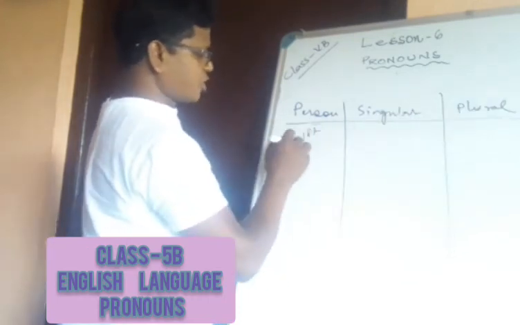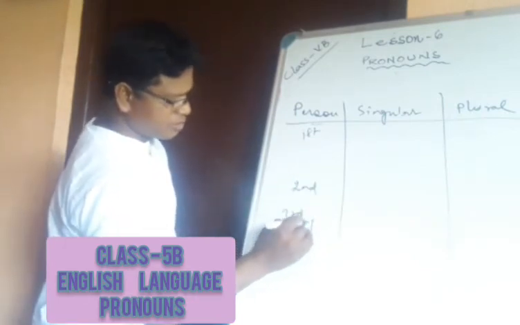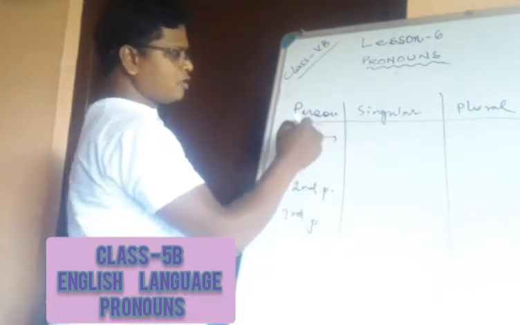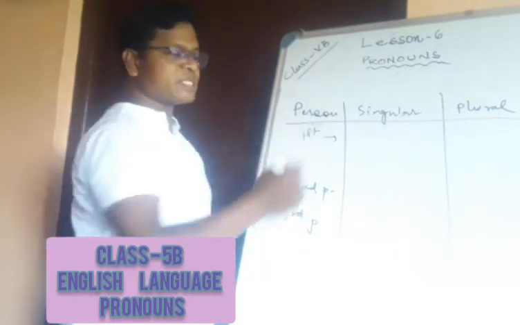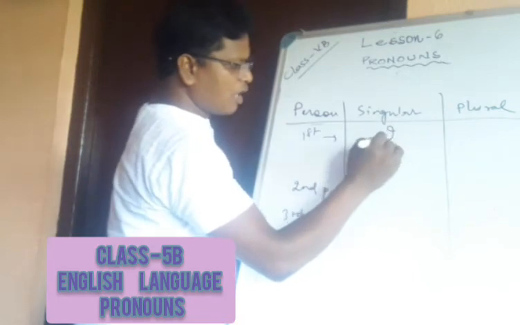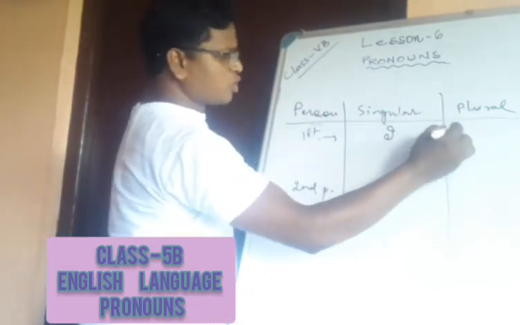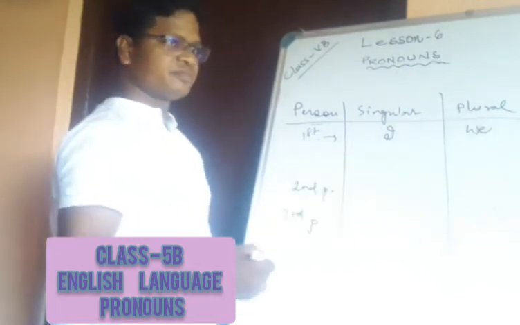So first person, second person and third person. Here you see first person singular, which is the pronoun "I", and first person plural is "we".